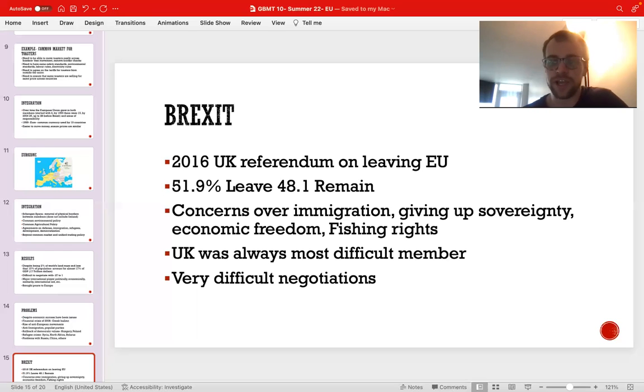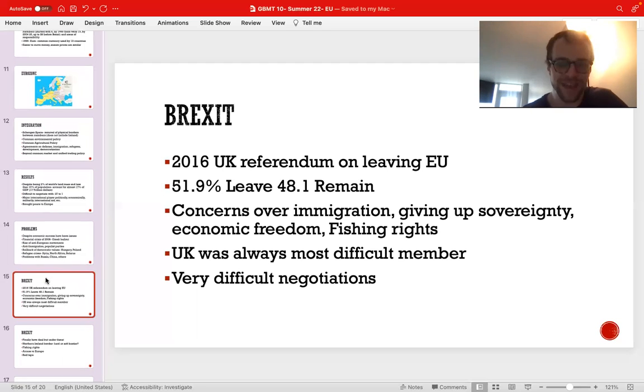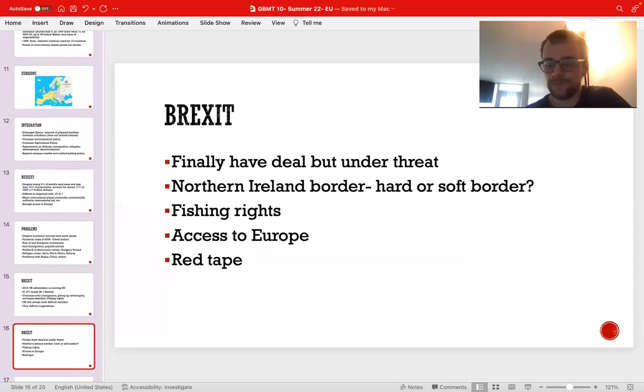So they entered negotiations to leave, and these negotiations have been very hard, as they're very entangled within the EU economy, right? So it's very difficult to negotiate this exit. This has caused a great deal of problems for the United Kingdom politically, as finding a deal that is acceptable has been a contentious issue.